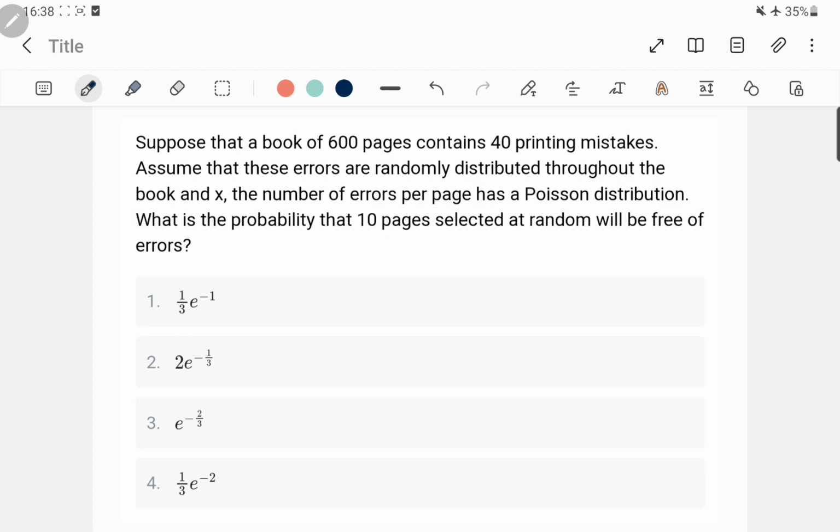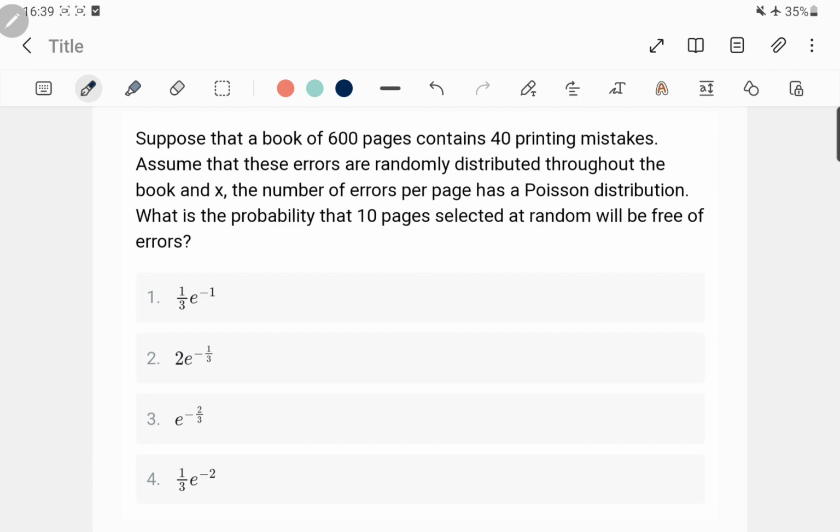Let's break it down and understand what the question is trying to say. Our p is equal to 40 by 600, which is equal to 1 by 15.